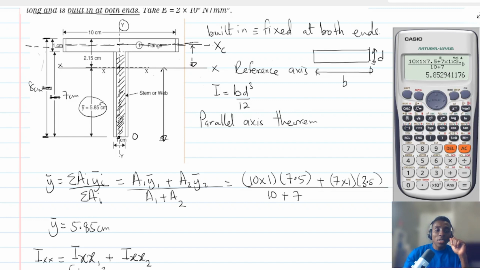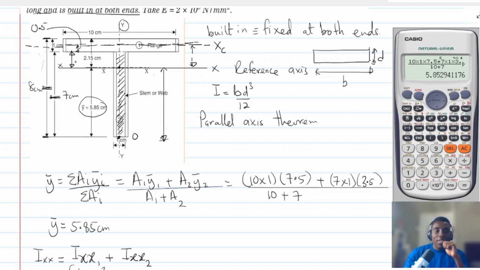We know that if this is 5.85, then let's do it this way. From here to here is 5.85. But what is the distance above this? Simply put, the simplest way to do this is to know that there is this halfway of 1, which is what? 0.5. So we know that halfway of 1 is 0.5. But what is the remaining distance so that we can add to the 0.5?